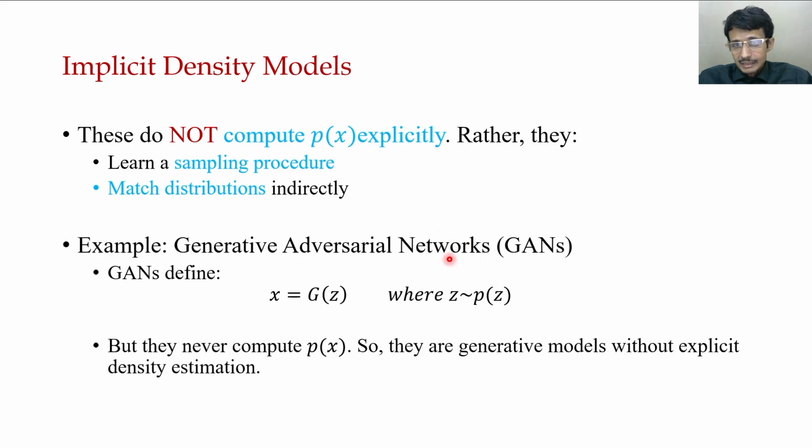On the other hand, the discriminator tries to distinguish between real and fake, so that the generator can generate more realistic samples based on this error. So when we put the loss function in detail, this is a min-max game kind of thing. But they never compute this density p(x), rather they sample it. So they are generative models without explicit density estimation. Okay.